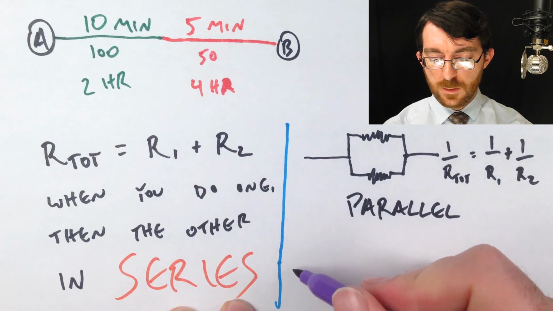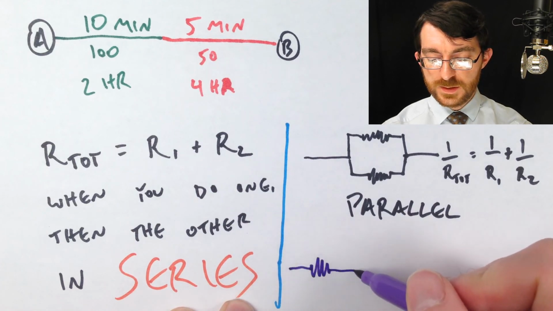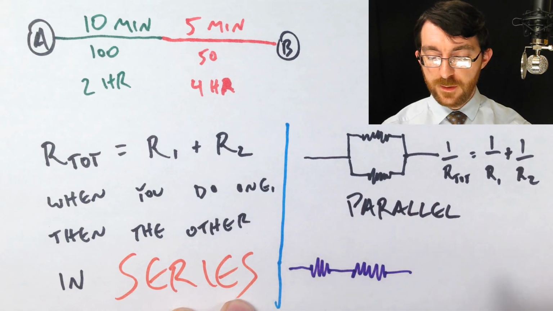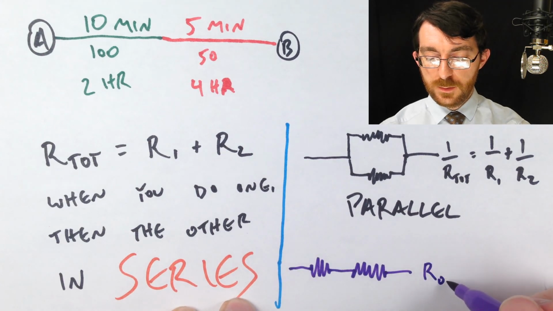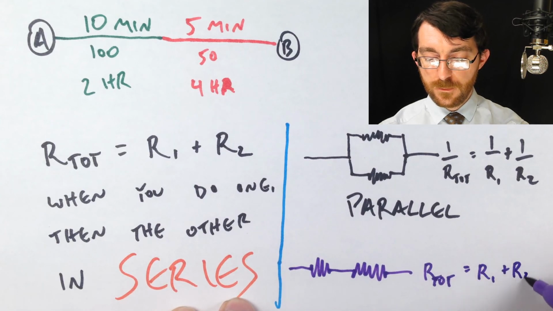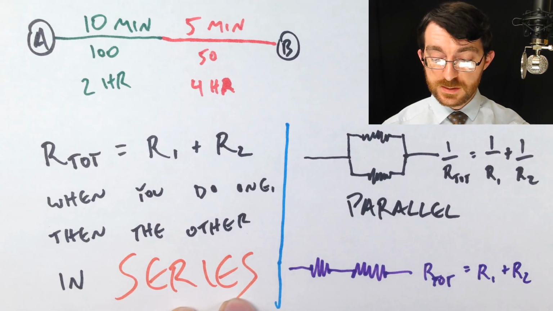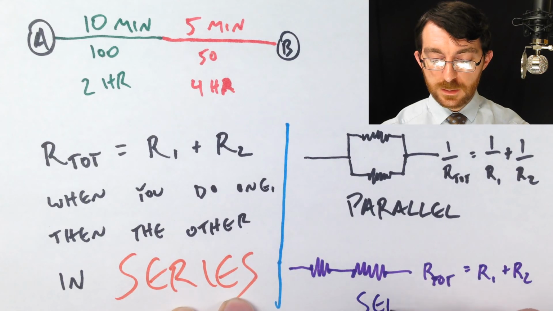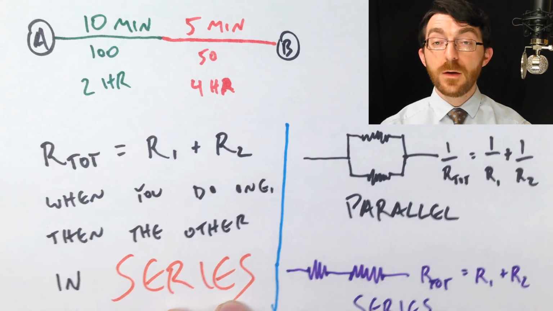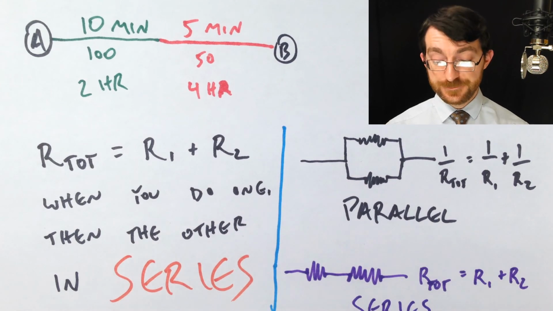If you've got one resistor after the other, the total resistance is just the sum of each of the resistances, and this is called in series.